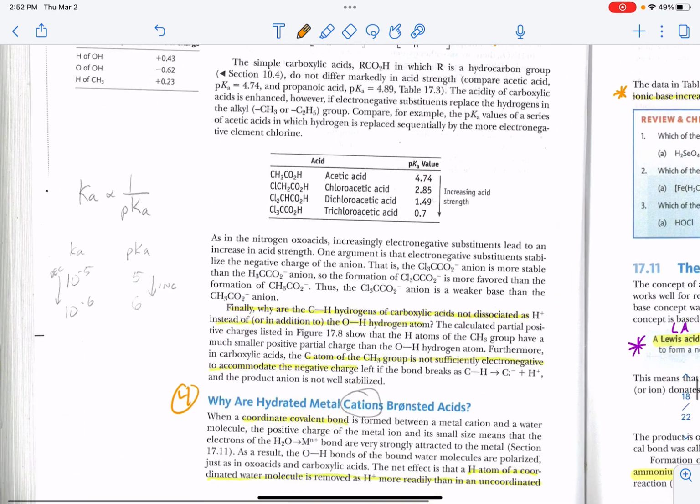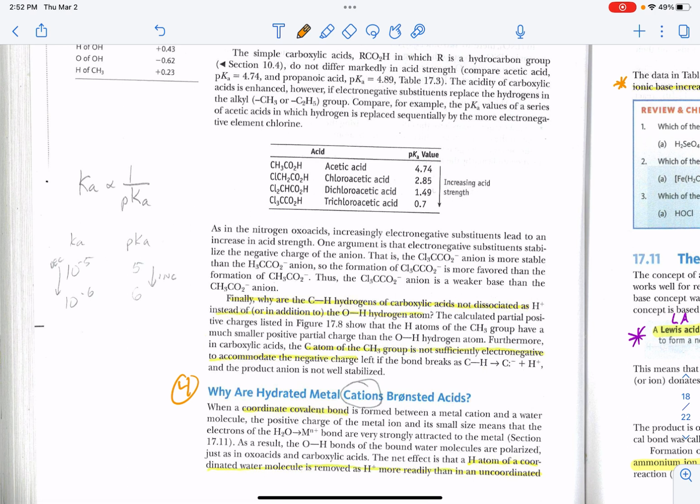Now, in case you were wondering why the acid strength gets greater as the pKa gets smaller, imagine we had a molarity of 10 to the minus fifth, and we made it 10 times more dilute, and we went to 10 to the minus sixth. Well, the negative log of 10 to the minus fifth, which is what the pKa is, is 5.